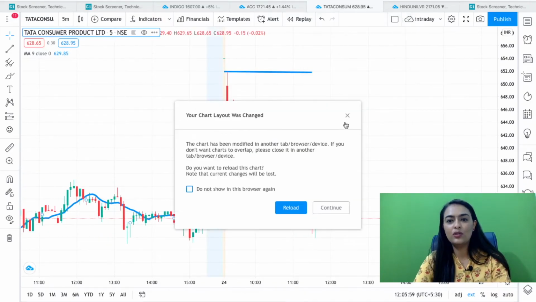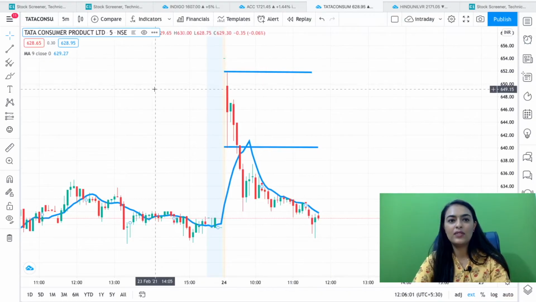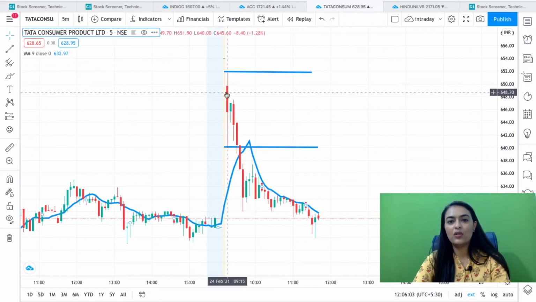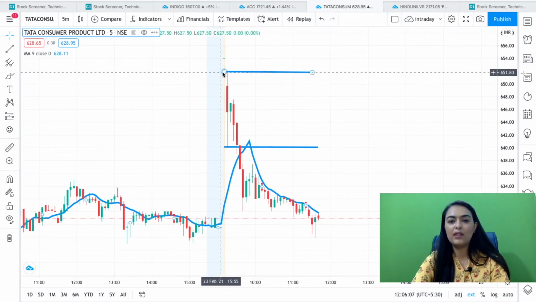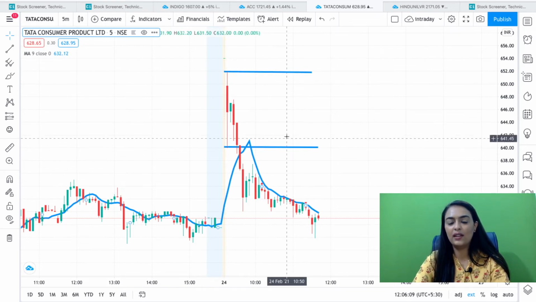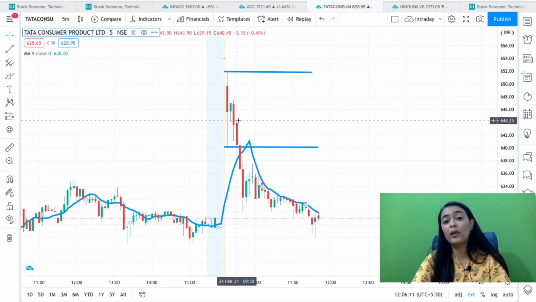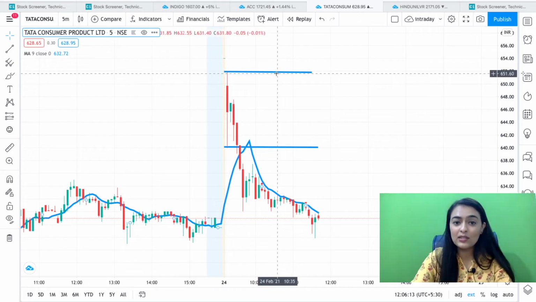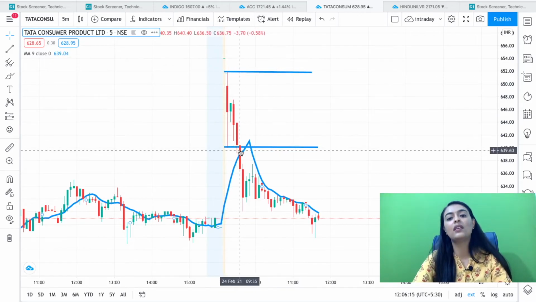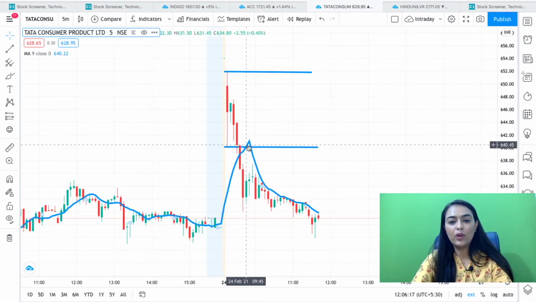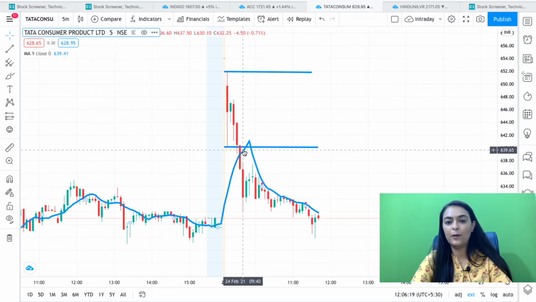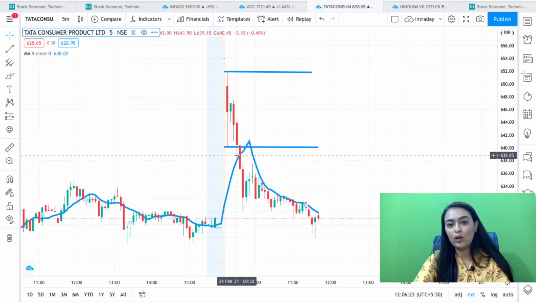I've chosen 2 stocks here. First we will see Tata Consumer. Our reference candle is the first 5-minute candle. I have marked the high and low of this candle. In open high, the high will be our stop loss and the low will be our entry point. I am going to confirm that it is breaking the low of the candle and also breaking the 9 days moving average.